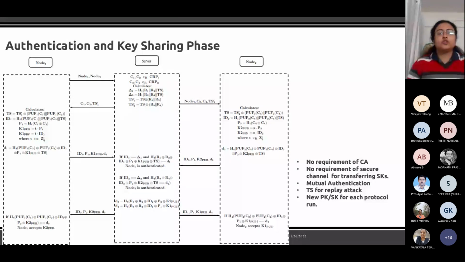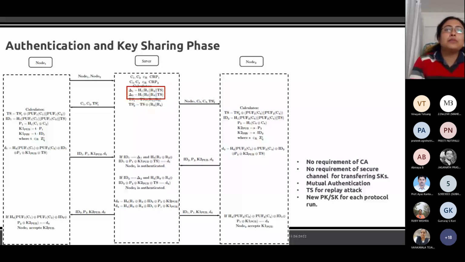Now, suppose node 1 wants to talk to node 2. The assumption is that the server has the CRP database of both node 1 and node 2. When node 1 wants to talk to node 2, they send a request, node 1, node 2, and the server selects 2 such challenges from both of their CRP databases. Now it will create some delta value, which is nothing but the hash of the responses and a particular timestamp.